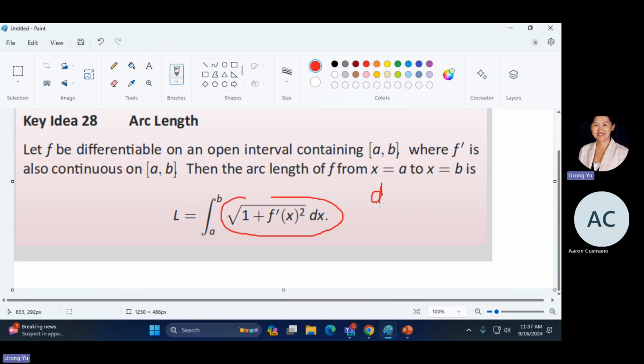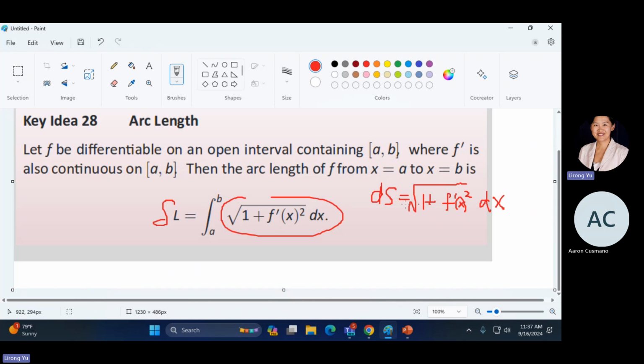We're calling it ds, the arc length differential. ds is equal to the square root of 1 plus f prime of x squared, dx. This is also called s. s is equal to the integration of ds.